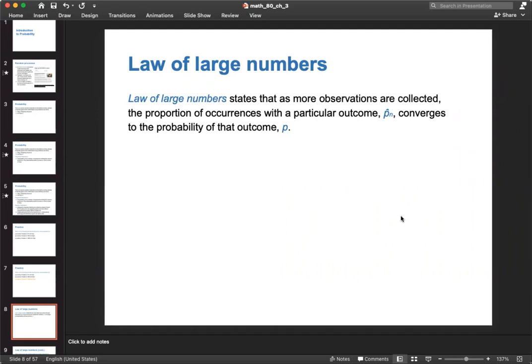So the number of times a given event occurs divided by the number of trials, as the number of trials goes to infinity, is going to converge to the given probability. That's the law of large numbers. So if you repeat a given experiment more times, then the experimental probability is going to converge to the theoretical probability.